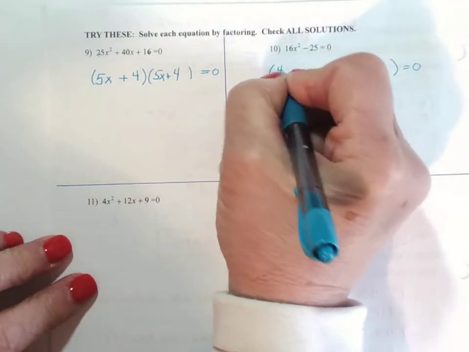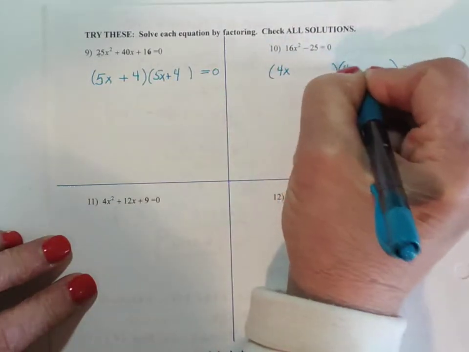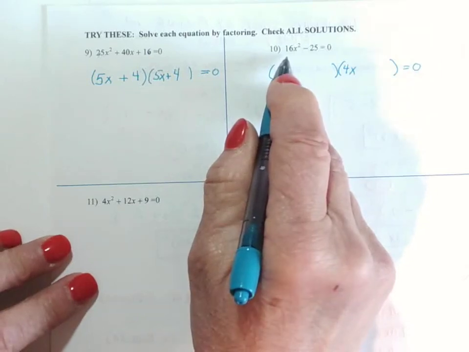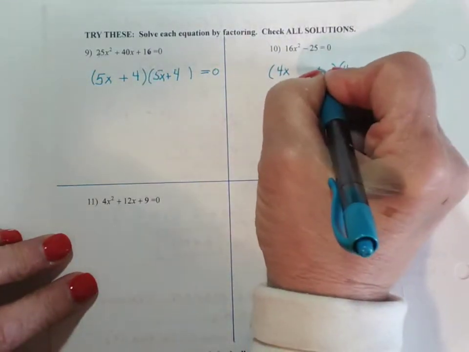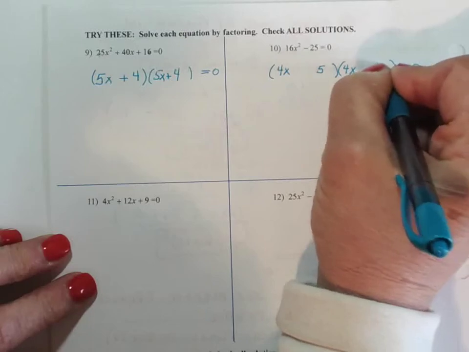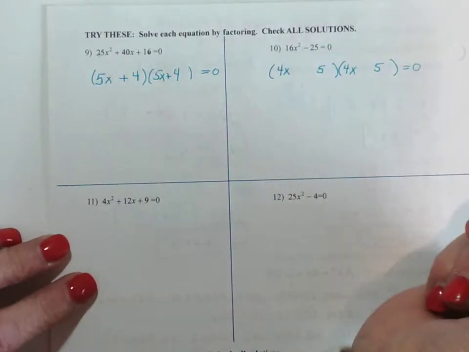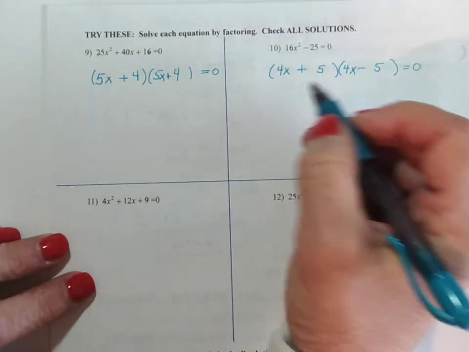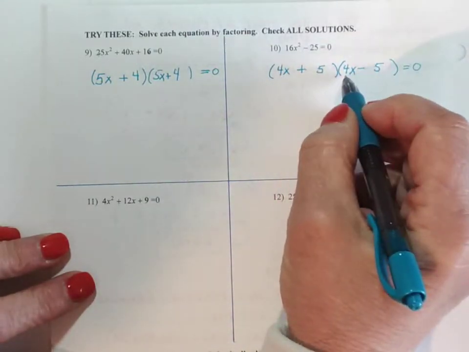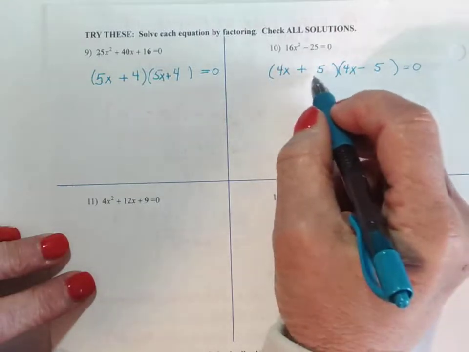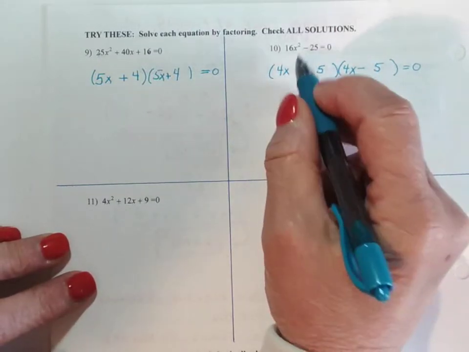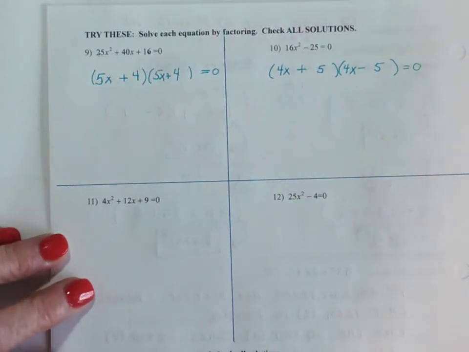And so I'm going to say 4x and 4x gives me 16x squared. 5 times 5 gives me 25. And my signs are opposites. So if I multiply the inner and the outer terms, 20x minus 20x is 0. They cancel out. Great.